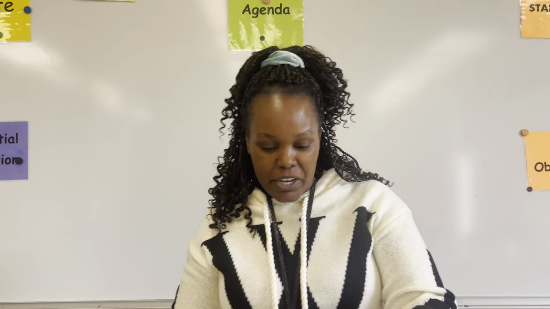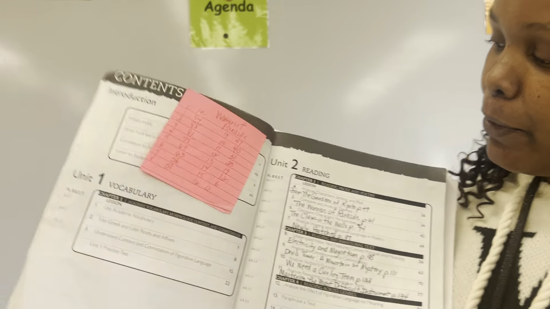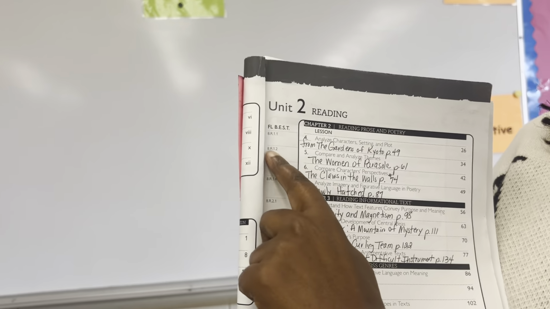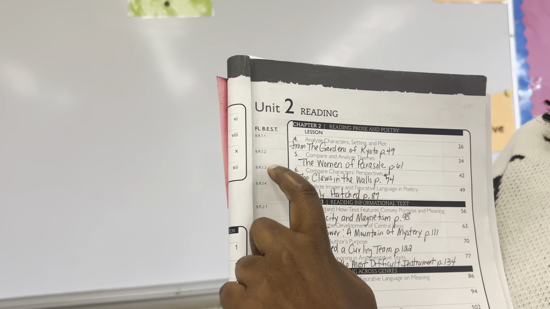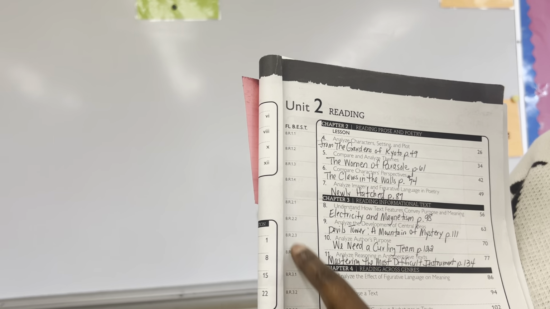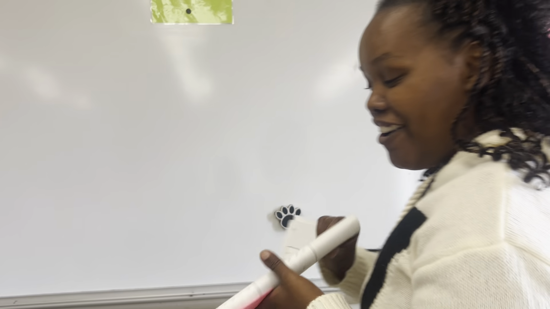For example, if you see my book, these are the standards. So we have 8R 1.1, 8R 1.2. So this is the numerology. I don't know how to say that word, guys, but you're going to just bear with me.